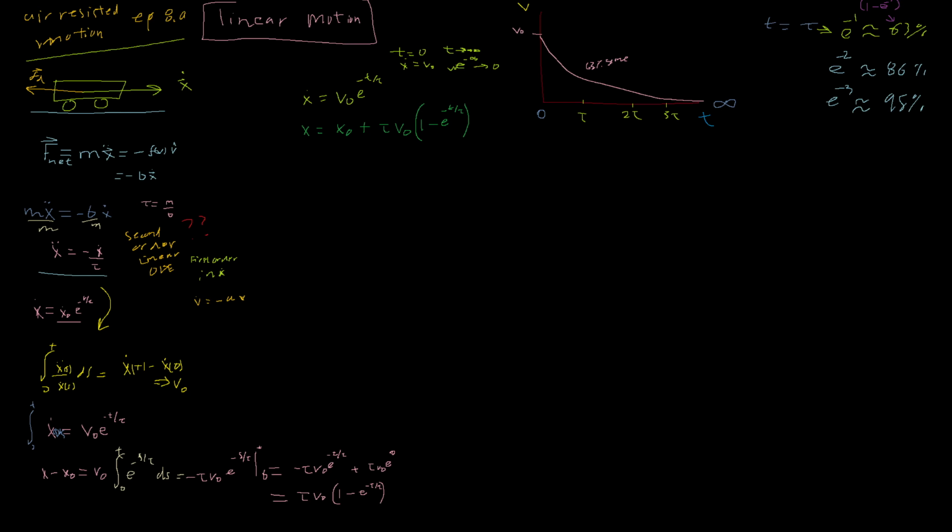So as you notice, as we move through this, we have 86%, and here in red, we have 95% decay after 3 tau time has passed. And once again, remember tau is equal to mass over the coefficient of air resistance, right?